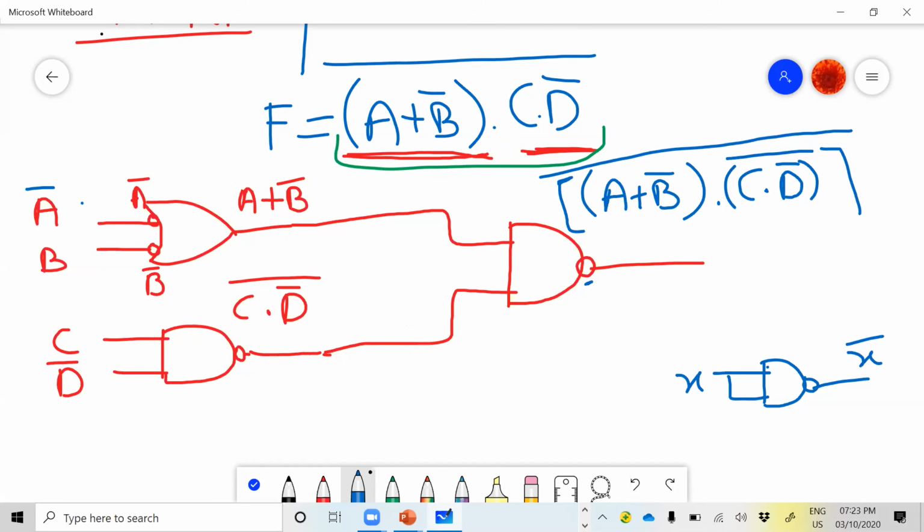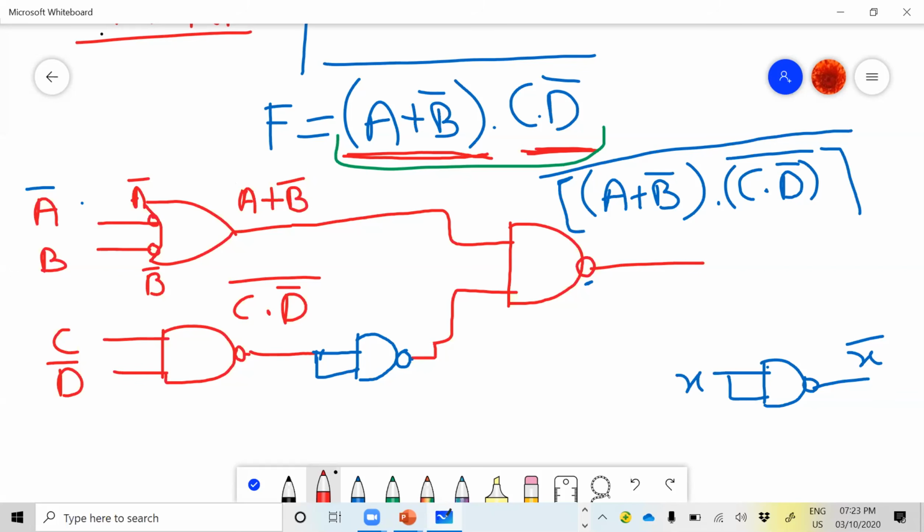I will just remove something from here, and I will place here a NOT gate as a NAND gate. So this is my NAND gate. It is connected from here. Input is again from here, combining them. Okay, and I'll be getting its output from here and connecting here.